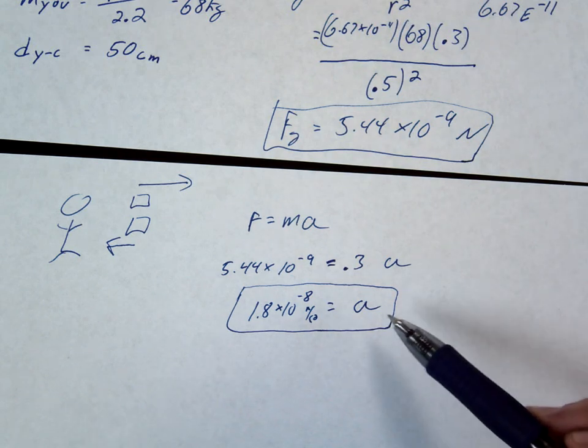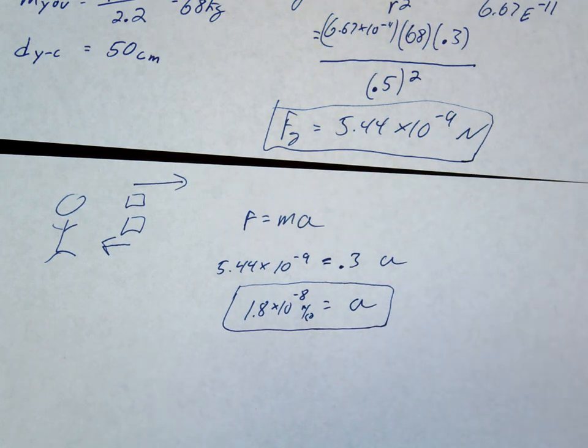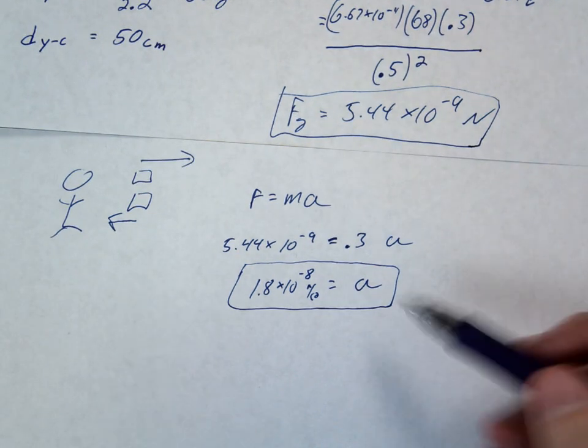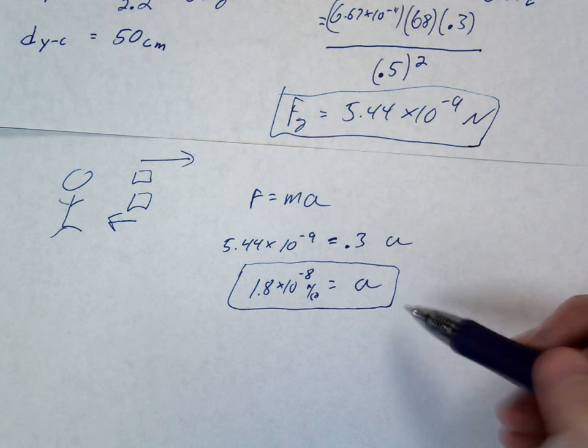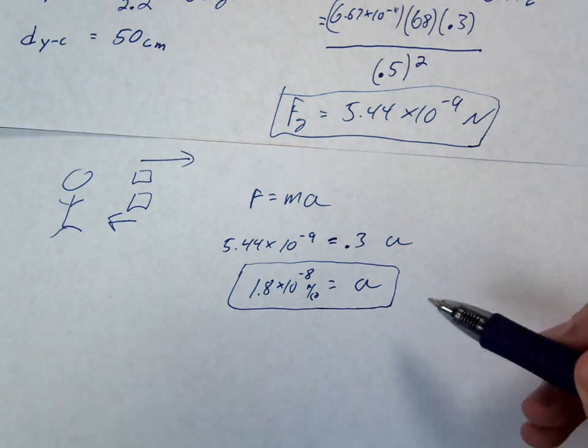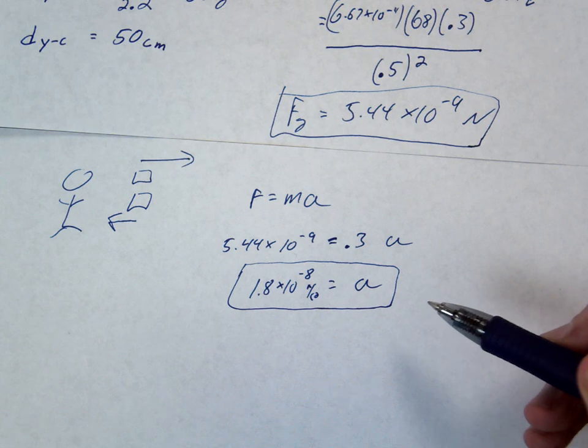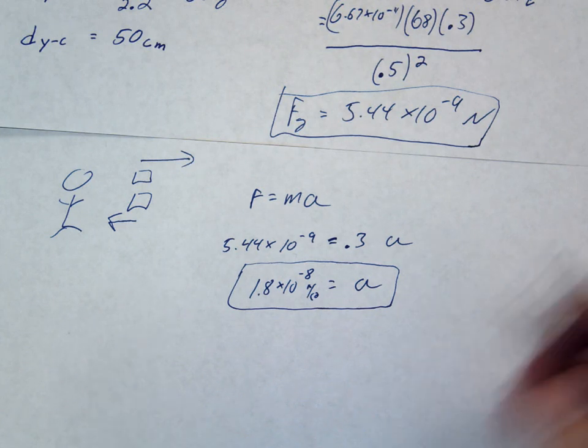So maybe we want to figure out how long the calculator is going to take before it reaches me. Could we do that? How could we figure that out? Well, we know the acceleration, right? What's the initial velocity? 0. What else do we need to know? One more thing. The distance. Do we know that? Yep. So can we figure that out?